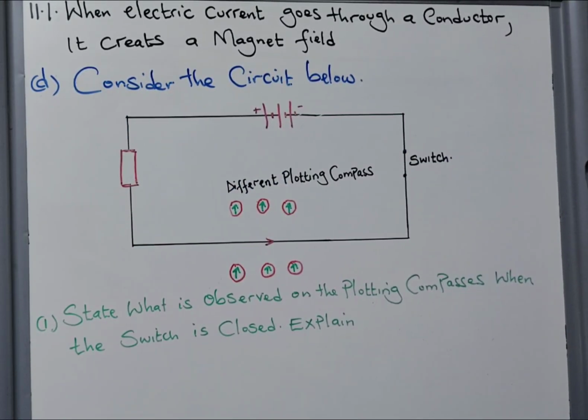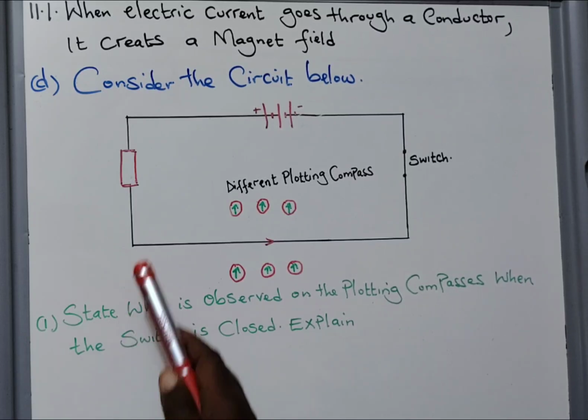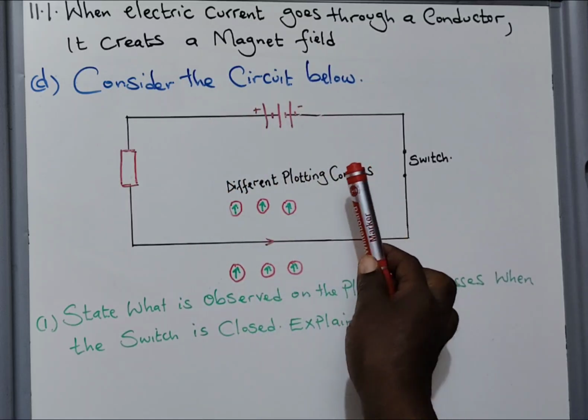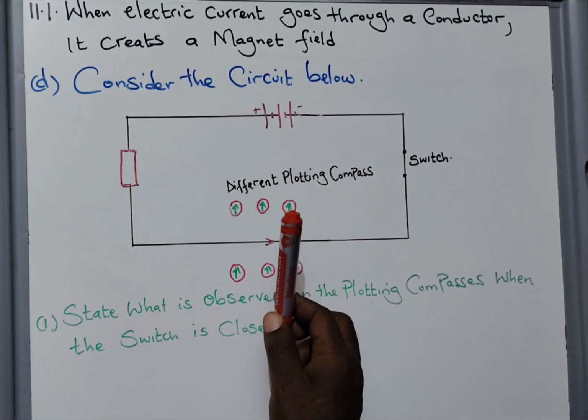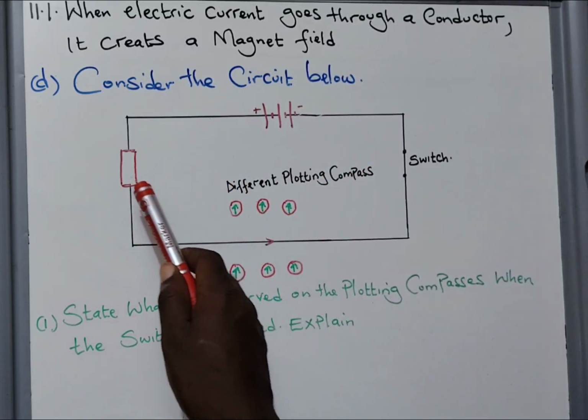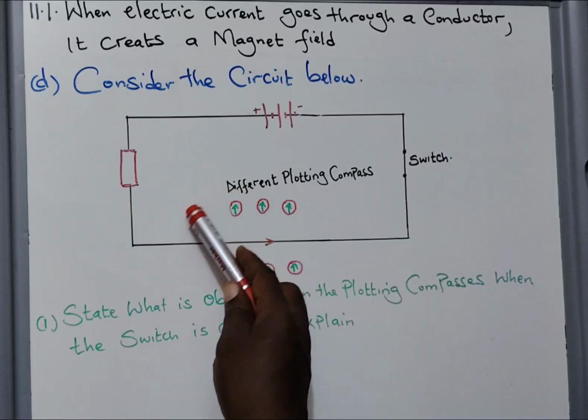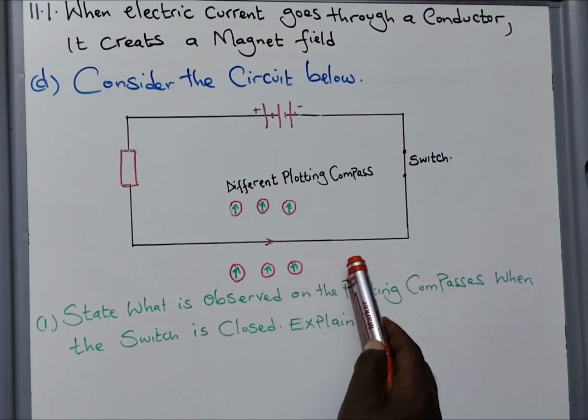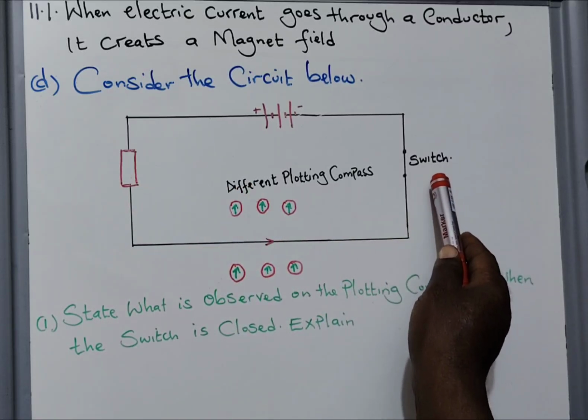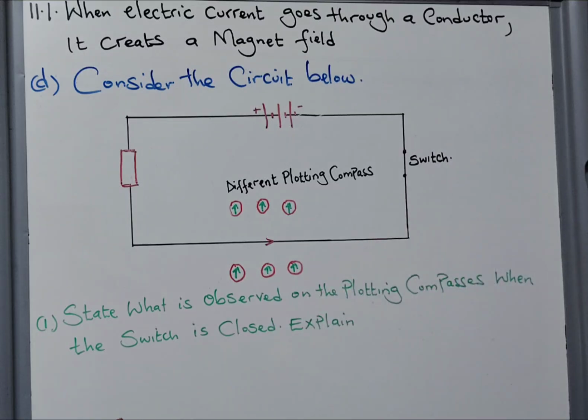Then we come to this one. It says that consider the circuit below. So this is the circuit we are having. We have the resistor, these are plotting compasses, and this is the switch.